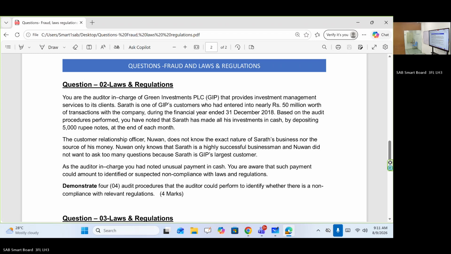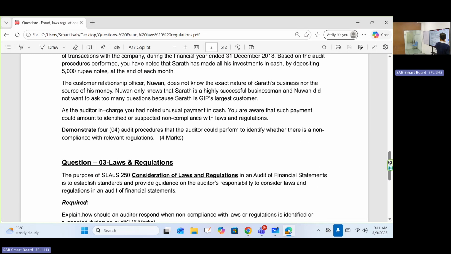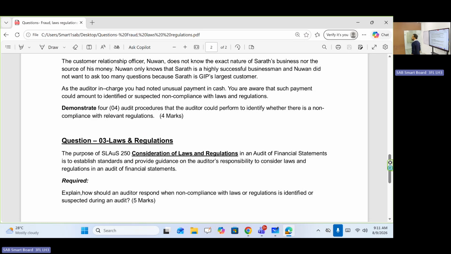Okay, last one. Written representation. Auditor should obtain written representation from those charged with governance.